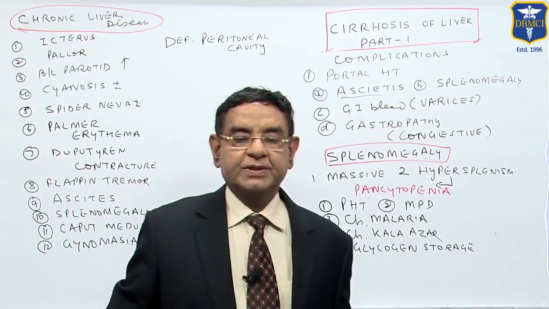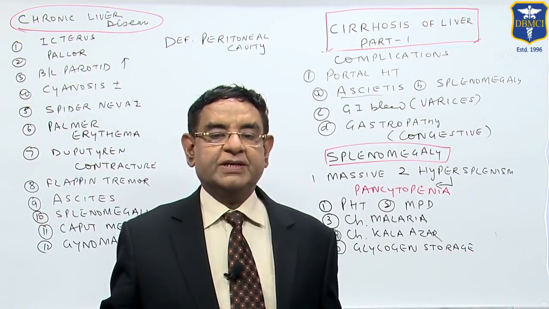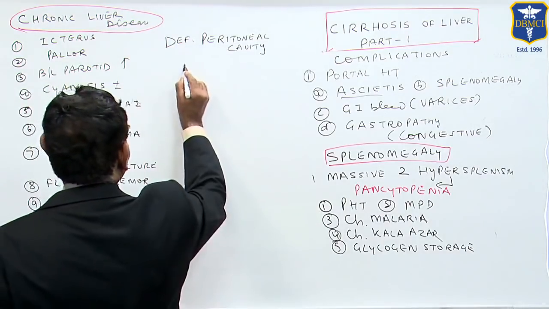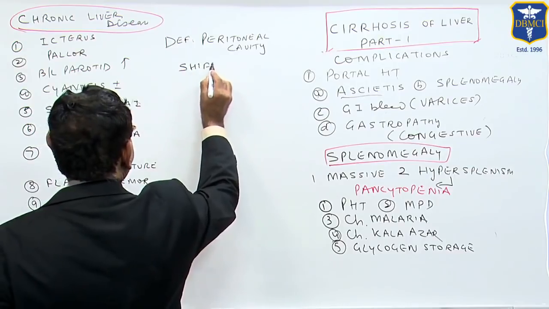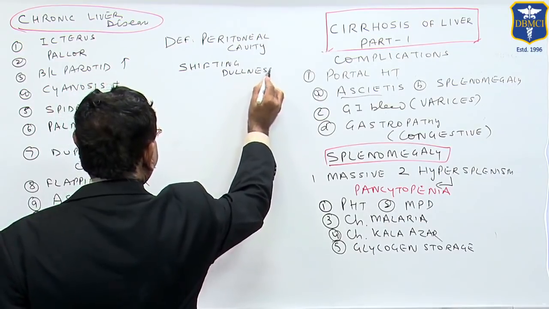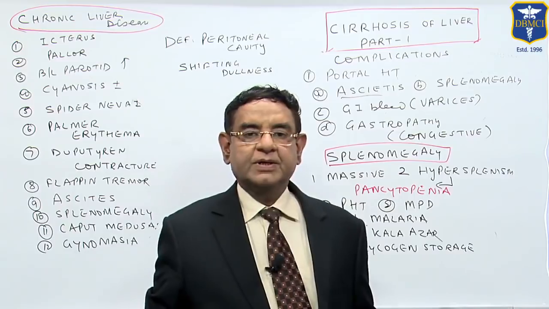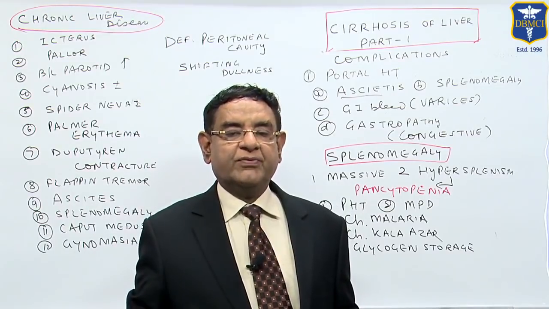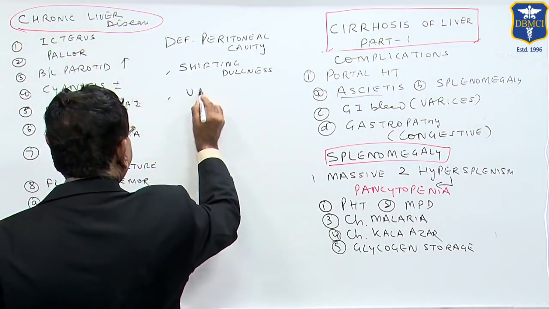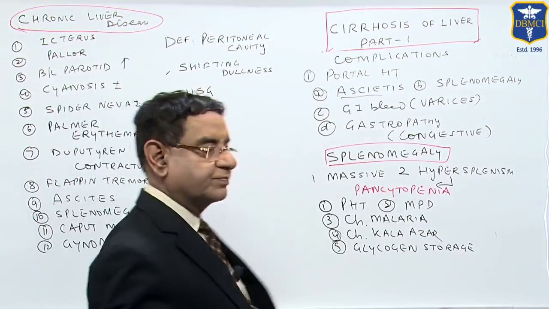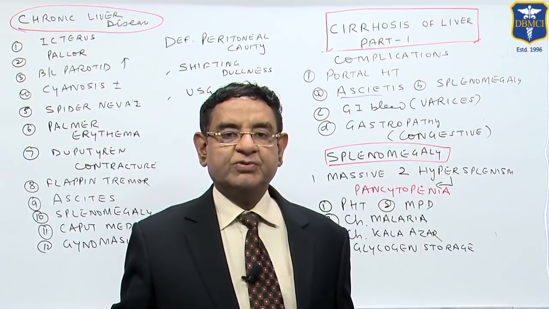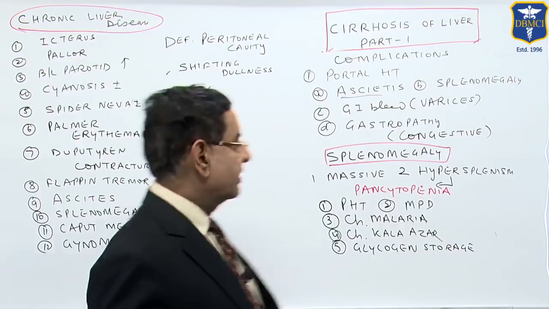And if there is massive fluid in the ascites, then clinically you can detect it by shifting dullness in the abdomen, but very minimal quantity of ascites you can detect best by ultrasonography. Ultrasonography can detect as low as 50 to 100 ml of the fluid in the peritoneal cavity.